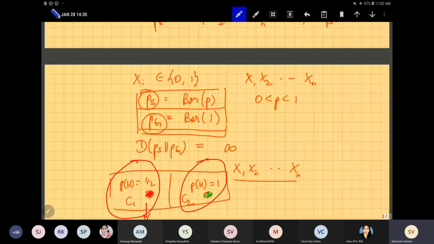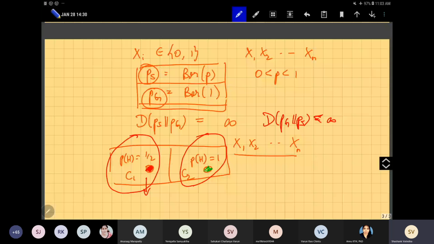But what is D(PG||PS)? This is not infinity, right? So it's going to be something finite. So this is less than infinity. Firstly, it's asymmetric, and it also tells you that one of these problems is harder than the other. Any questions?